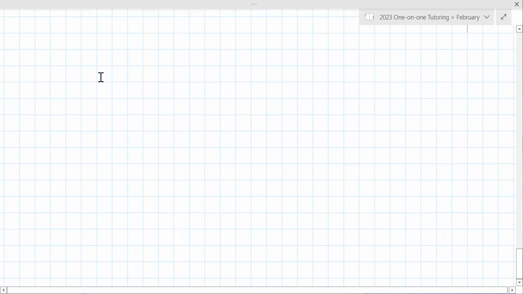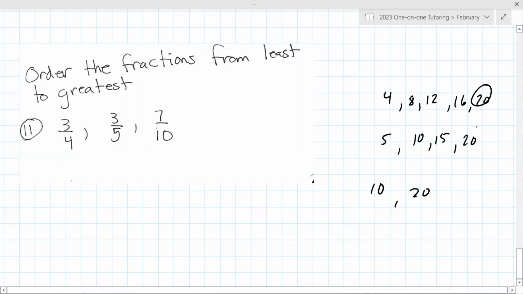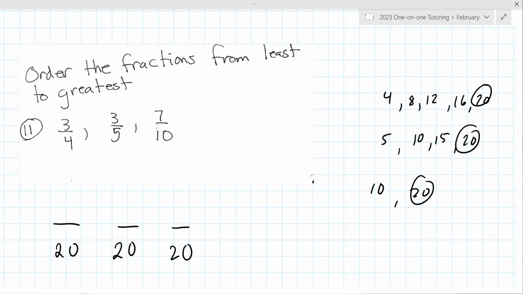So you're finding the least common multiple in number 11 of 4, 5, and 10. Okay. So you write a few, and then maybe one stands out, 20. So you need to make these all 20.